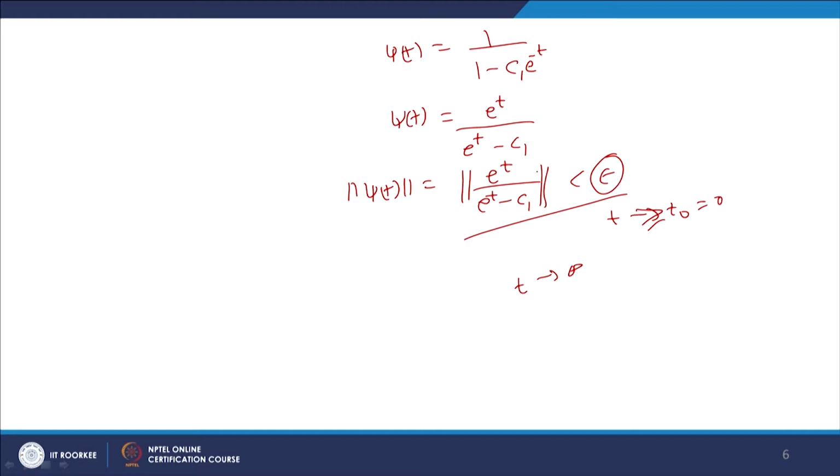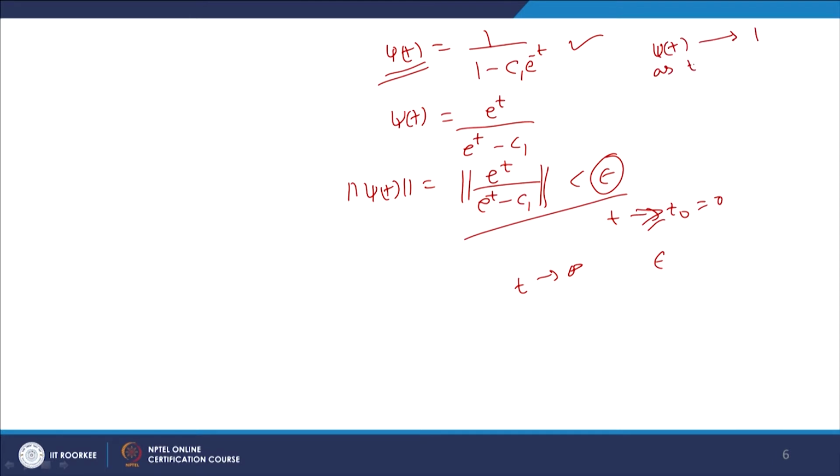Is it okay? So we can consider that as t tending to infinity, this value psi t, which is 1 upon 1 minus C1 e to the power minus t, is tending to 1.